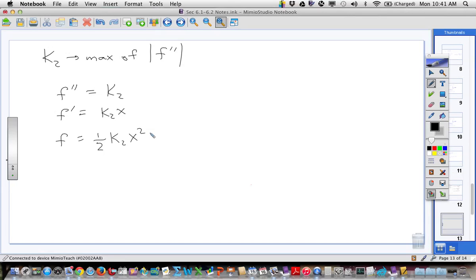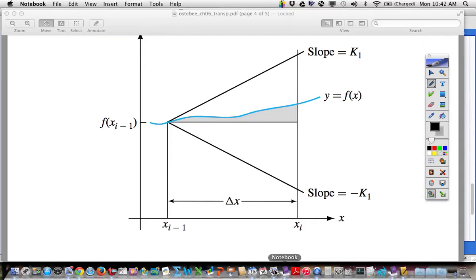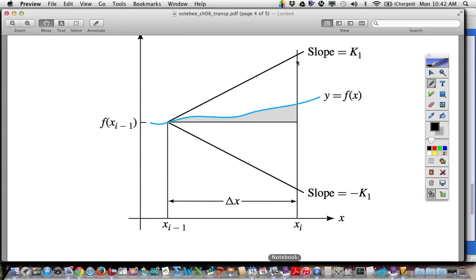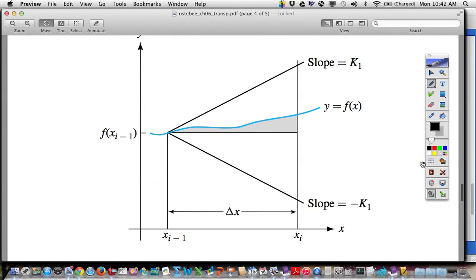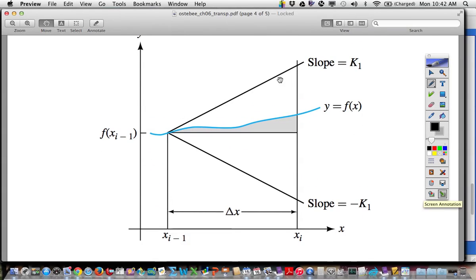Now remember, K2 is the worst case scenario. K2 is the max f double prime we could have. So what I've done is created a function that has that as its second derivative all the time. Now what I want to do is find out how much area is under that. Okay? So what I'm trying to do is this. What I did here is I just found this area right away, and that was my formula. But what I could have done is found the area under my made-up function.